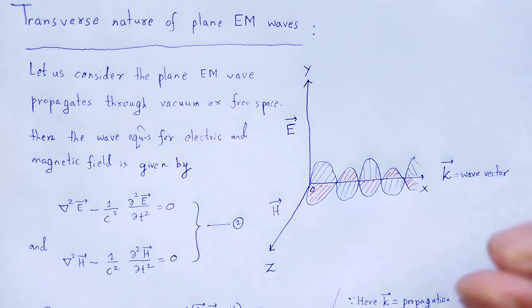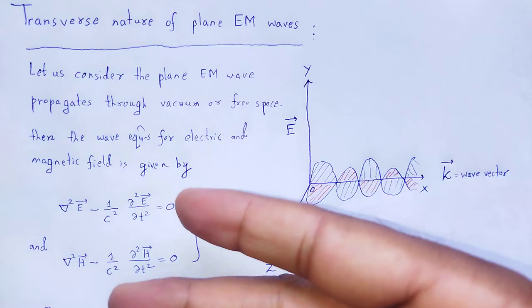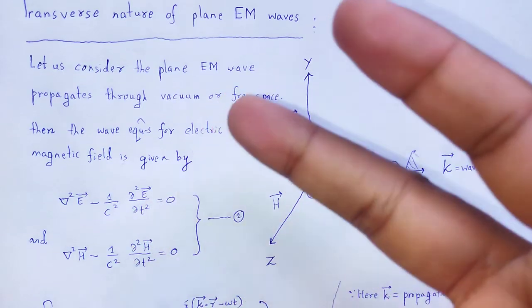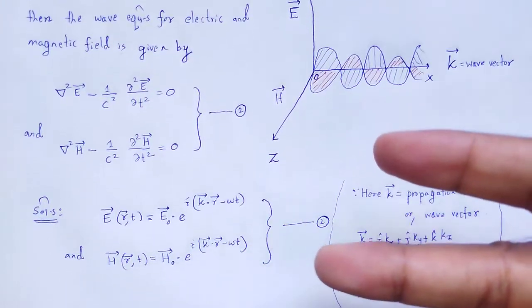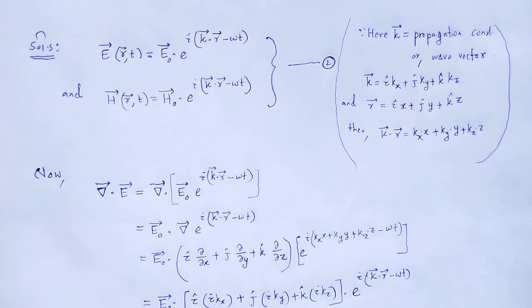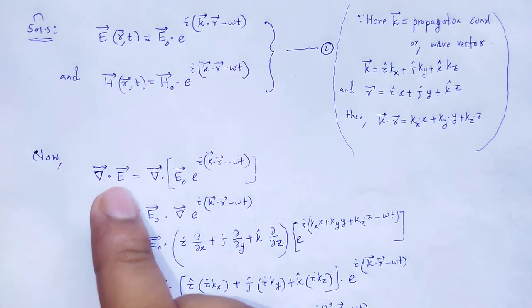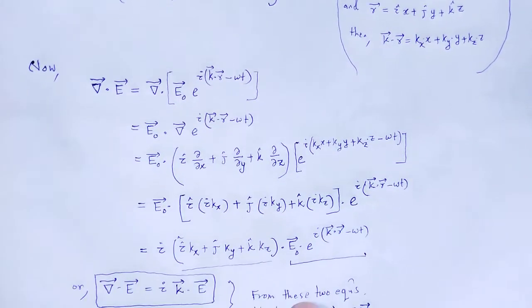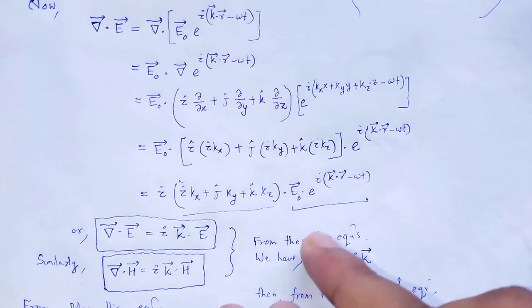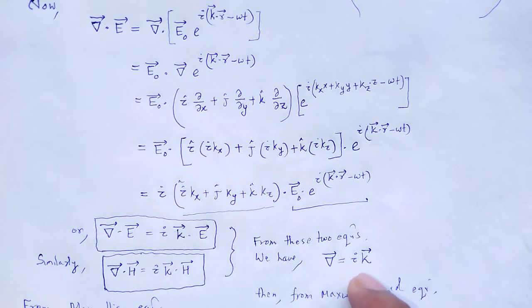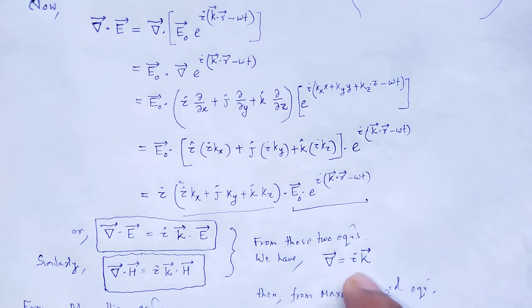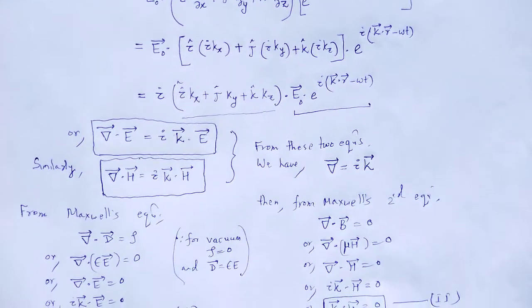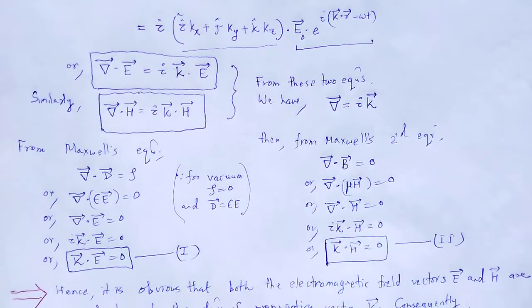First, we have to consider that the plane electromagnetic wave is propagating through vacuum or free space. Then we write the equations for electric field and magnetic field and their solutions. Taking the divergence of the electric field, we can show that the del operator is in the form of i k vector, using Maxwell's first equation and second equation.